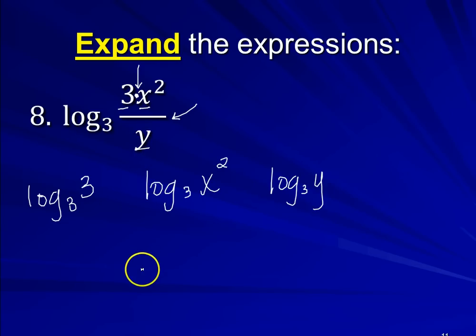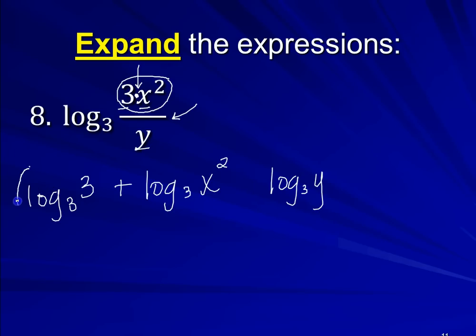Now, making sure we break them up correctly, we expand them correctly. This is 3 times x squared. So when I'm doing my 3 times x squared, all of this goes on the top. Okay? So what am I going to put in between these? 3 times x squared, since it's multiplication, that is going to be addition.